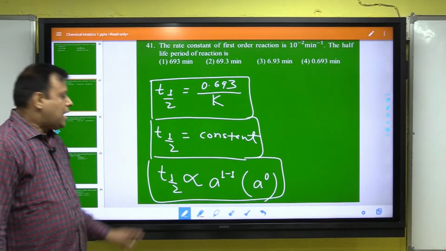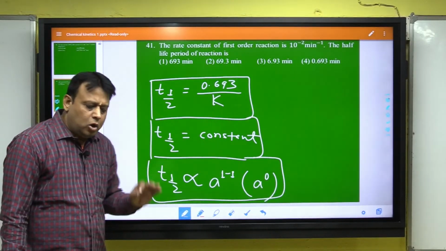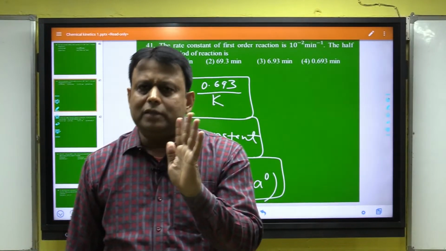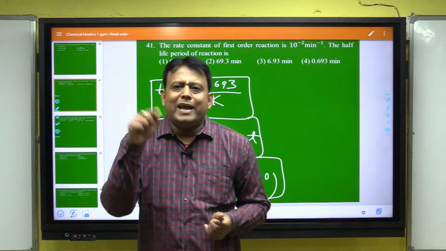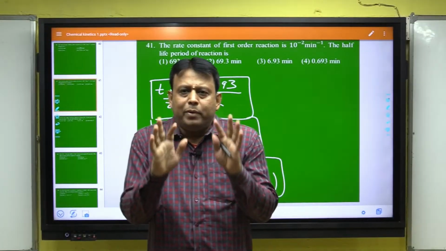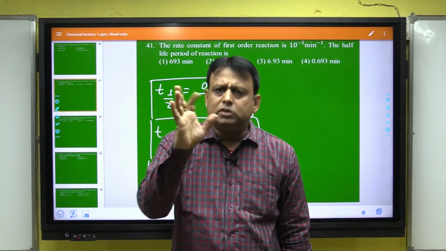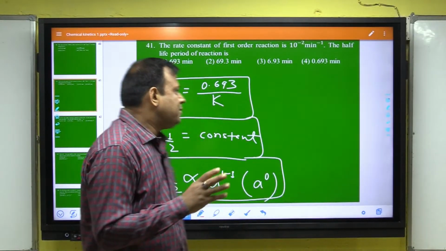Listen, half-life of first order reactant is always independent from concentration of reactant. Always keep in mind, for your examination, half-life of first order reactant is the most important term. Look at both.